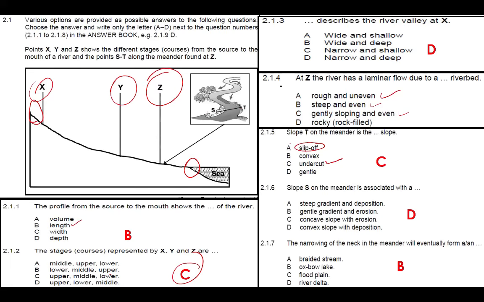That is where it is shallow. At S, this is a slip-off, and this one over here is the undercut. Which means this one here is going to be gentle, and this one over here will be convex as well.